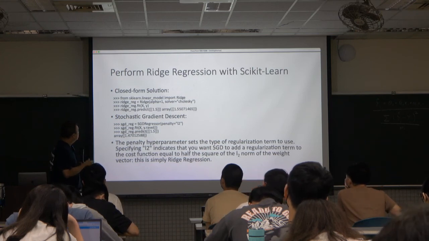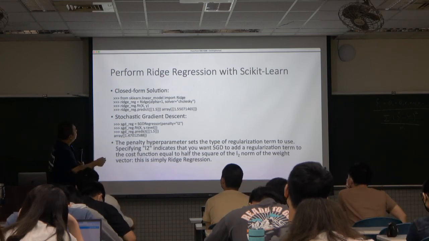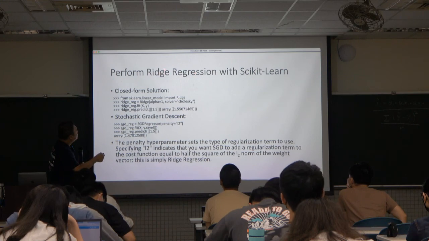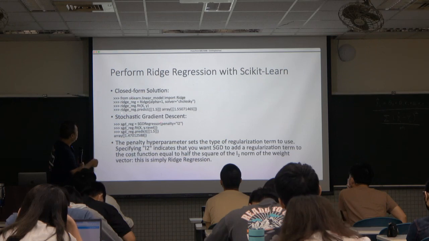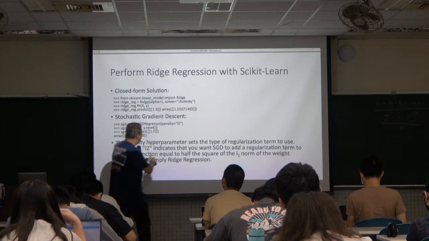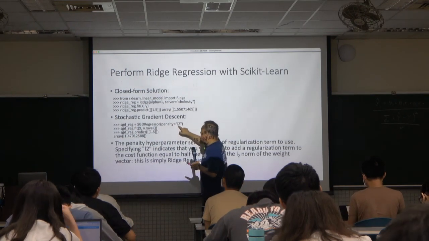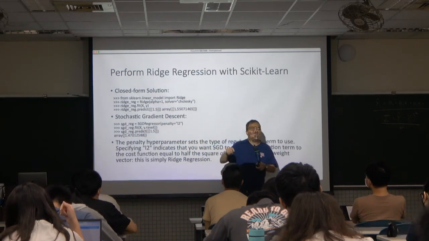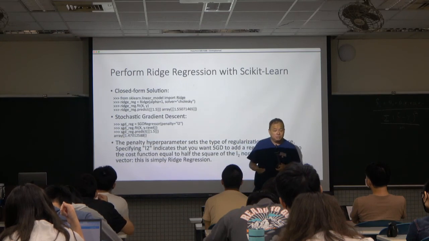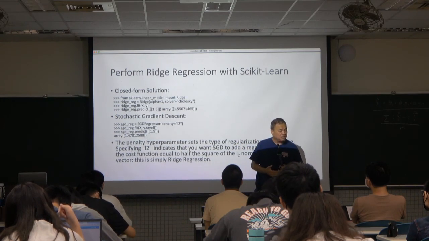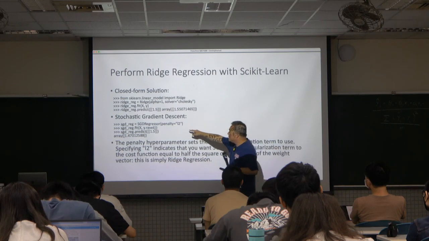deep learning class. So we can also show how you can write this ridge regression into stochastic gradient descent. You just set the penalty to be L2. Remember, I told you ridge regression's other more well-known name is L2.